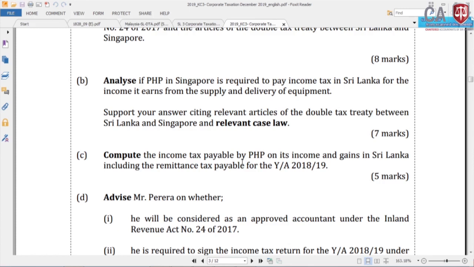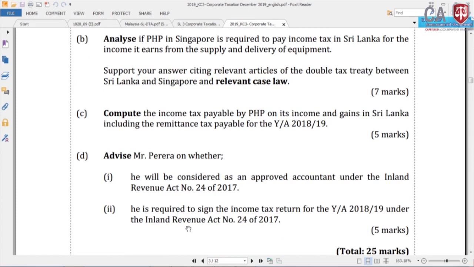Remittance tax. You cannot forget these fundamental things. If there is a PE, you are computing business profit. That business profit is earned in Sri Lanka. When it is remitted to the head office, you should pay what? Remittance tax. Then it asks for 5 marks, income tax including remittance tax.